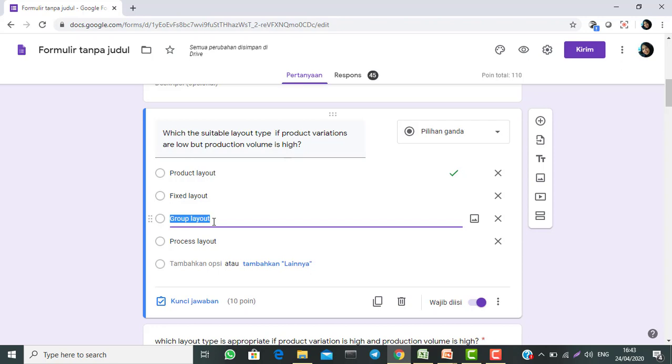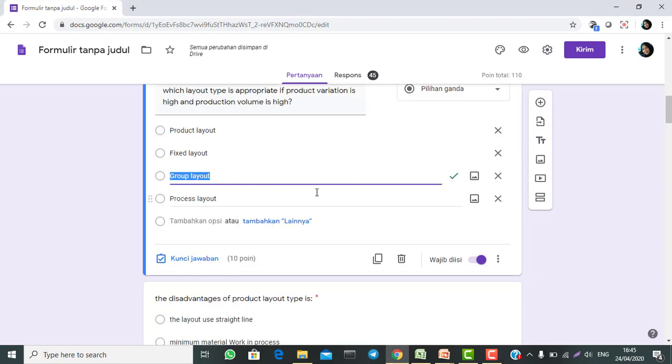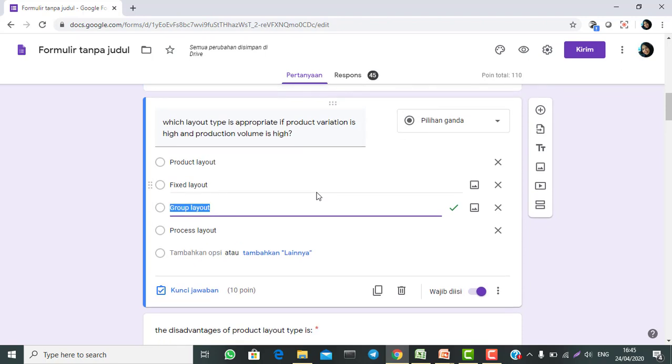The process layout can be used when the variations are high but the volume is very low. So now let's continue to question number 2. Which layout type is appropriate if the production variation is high and the production volume is also high? The best answer will be the group layout.